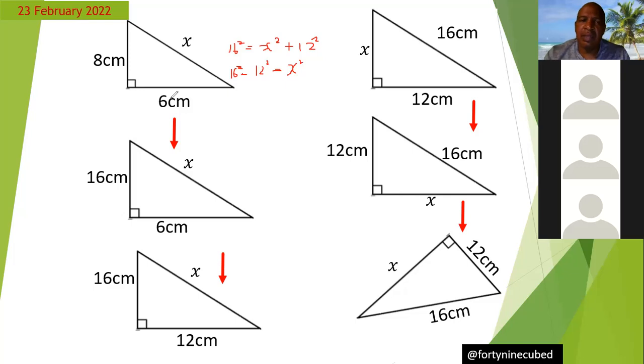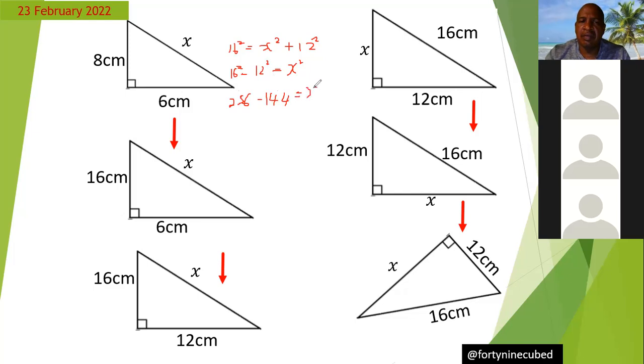So we can now do the calculation on the left hand side, Dorothy. 16 squared gives you how much? 256. And we are taking away 12 squared, which gives you how much? That's 144. Now, if you subtract 144 from 256, how much do you have?